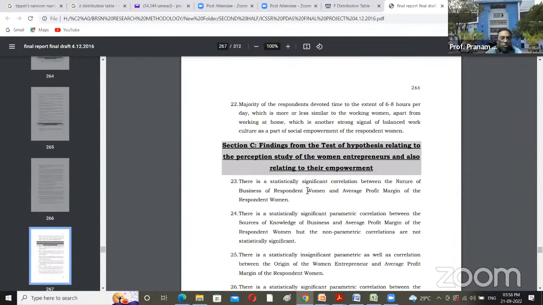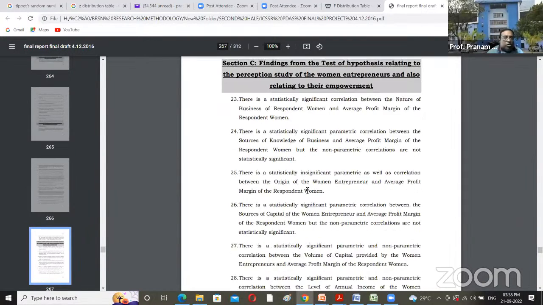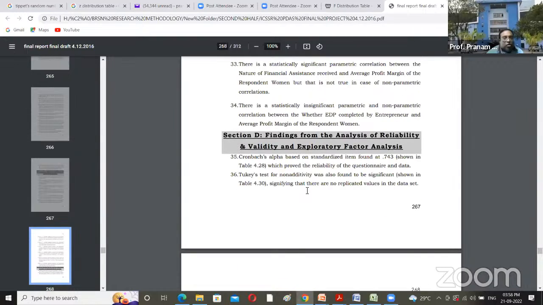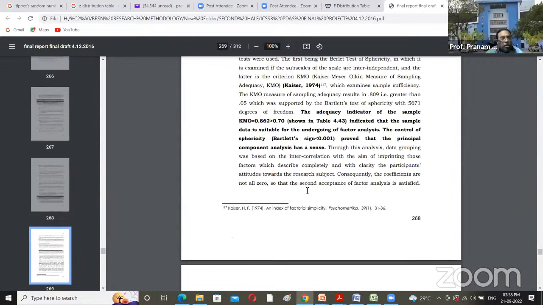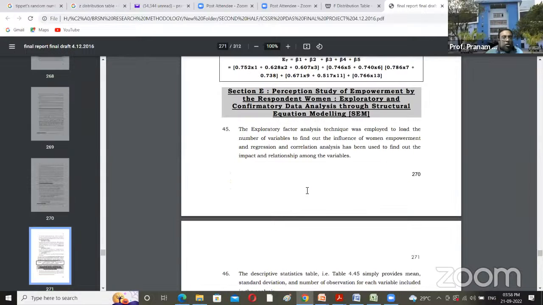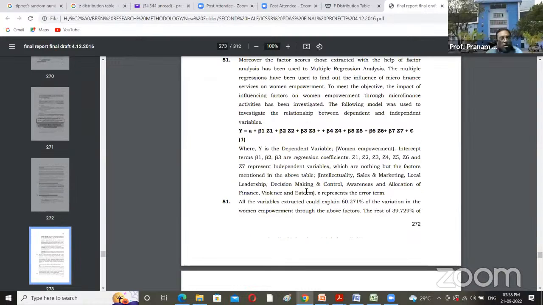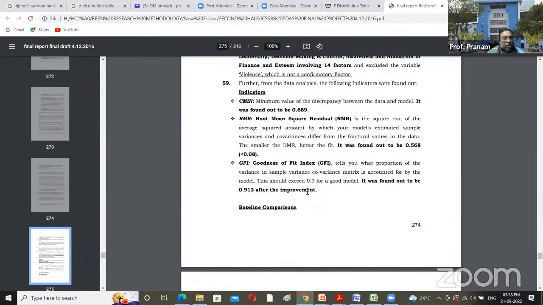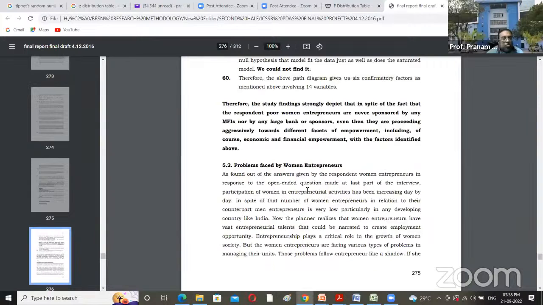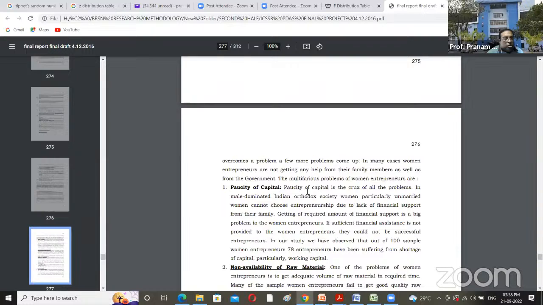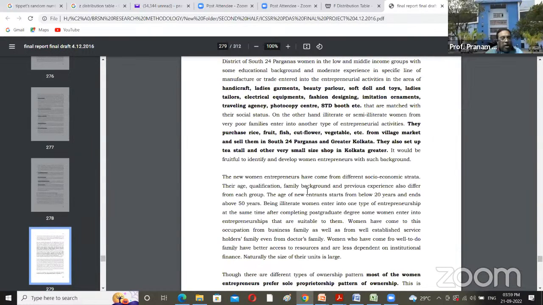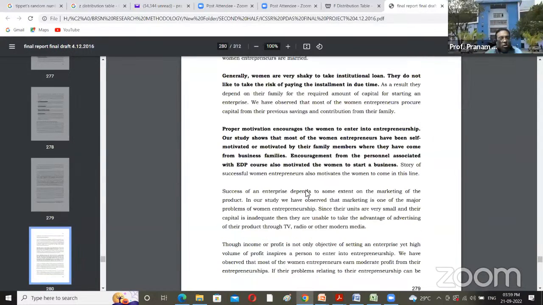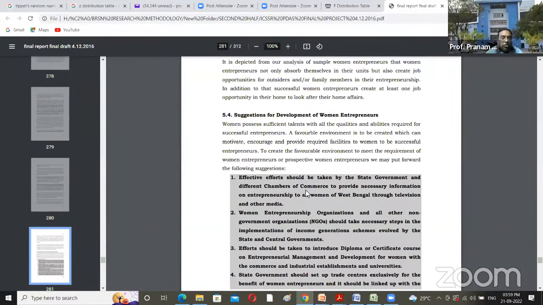They are pointed out, and then the findings from the test of hypothesis, then the findings from the reliability and validity and exploratory factor analysis, and then the findings on the perception study based on structural equation modeling. Ultimately, based on these findings, we also pinpoint some problems faced by women entrepreneurs. And finally, we come to the suggestions or recommendations for development of women entrepreneurs.